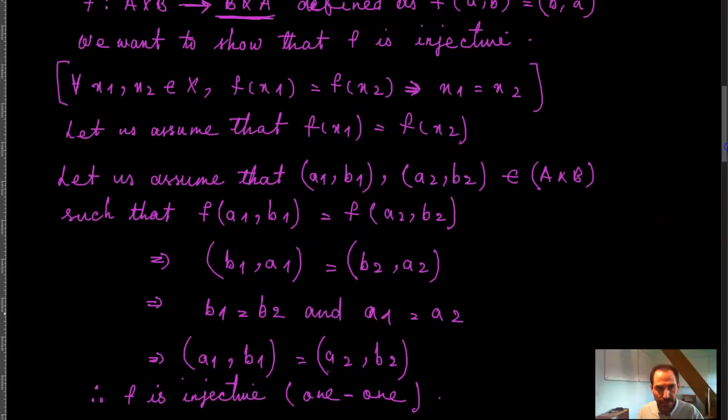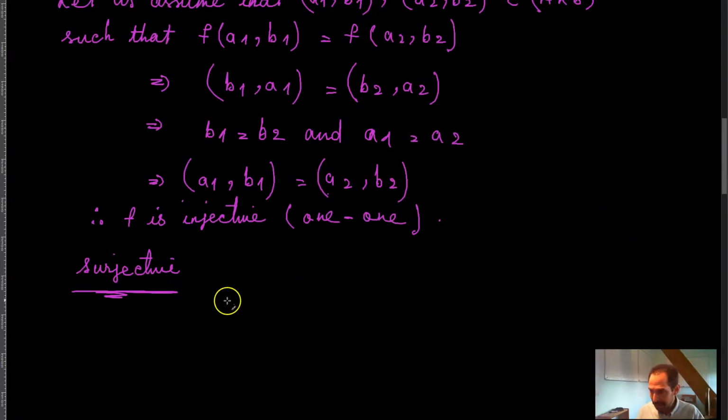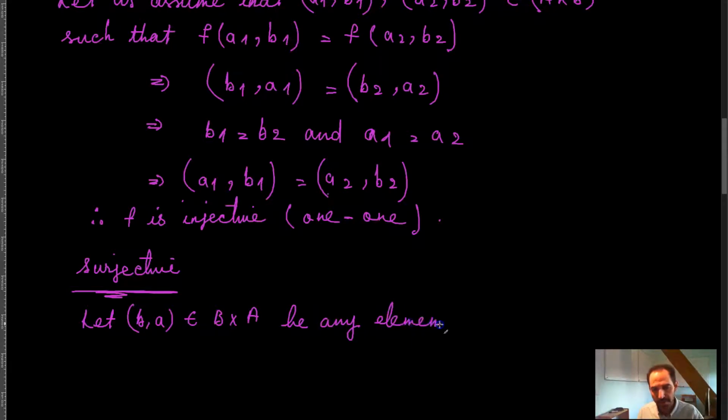So over here, we said that f is a function defined as f of a comma b is equal to b comma a, right? So I can say that now, let b comma a belong to the Cartesian product of b and a, meaning the codomain of the function, be any typical element of the codomain of the function, right?